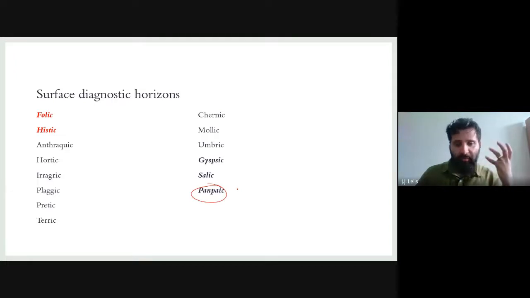Now we can see other horizons that present an overlaying layer above this horizon. So it was formed in the surface, but now it is in the subsurface. Okay, we'll discuss about that. Don't worry.